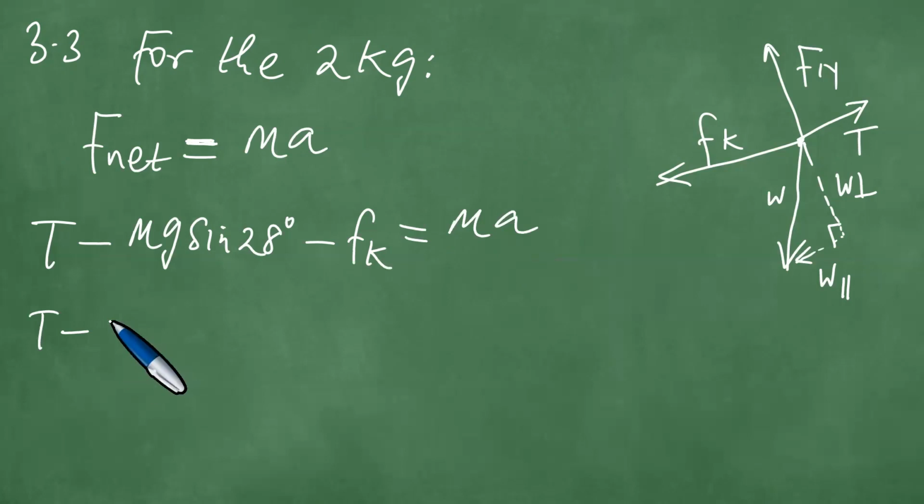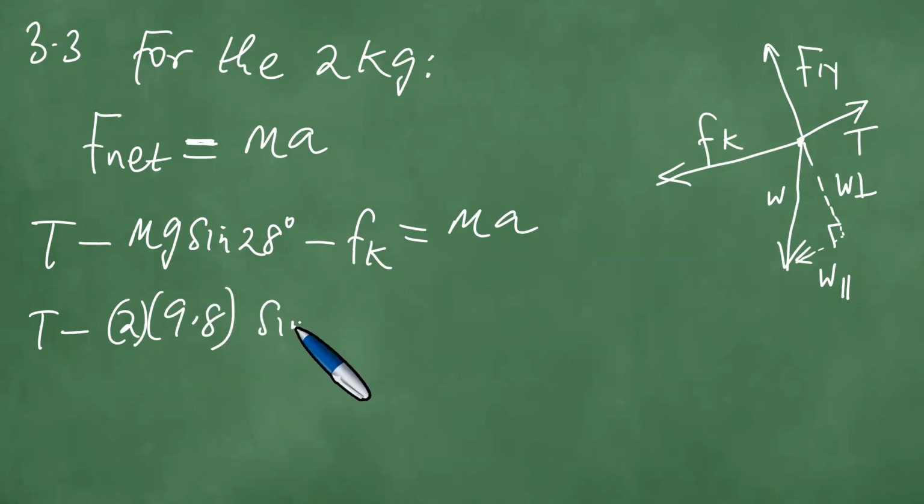Tension minus the mass, which is 2 kilograms, times 9.8 times the sine of 28 degrees, minus the kinetic friction.